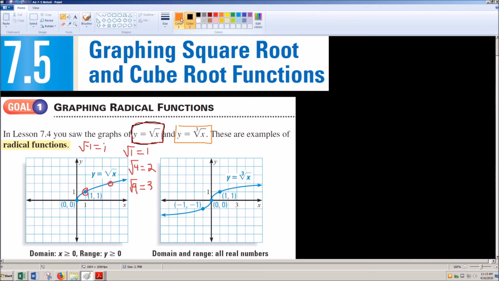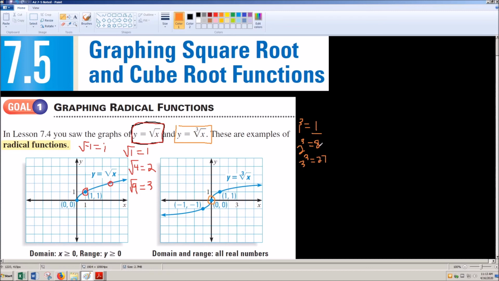Looking at my cube root function, I again want to start at the middle, 0, 0. For this, there's no horizontal or vertical shift. I'll talk about that stuff later. But I'm going to plug in some nice cube values. Let's talk about what my nice cube values are. 1 cubed is 1. 2 cubed is 8. 3 cubed is 27.